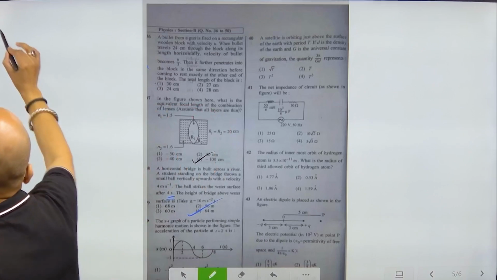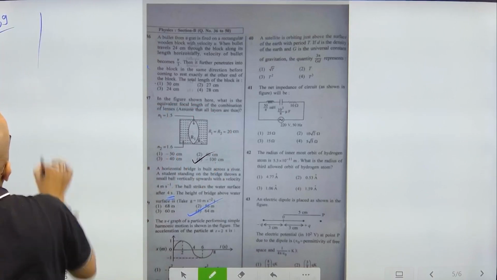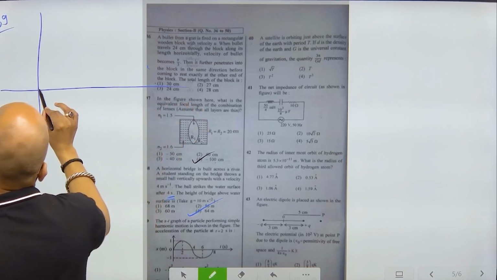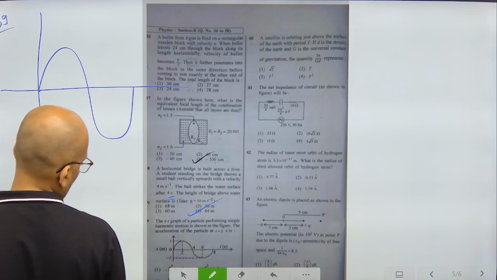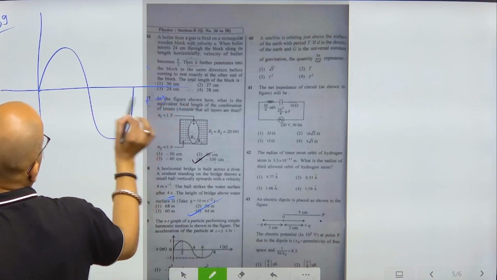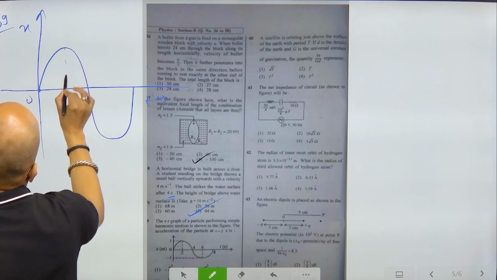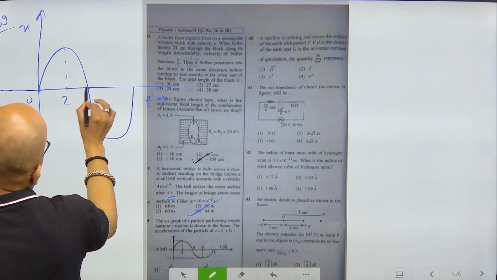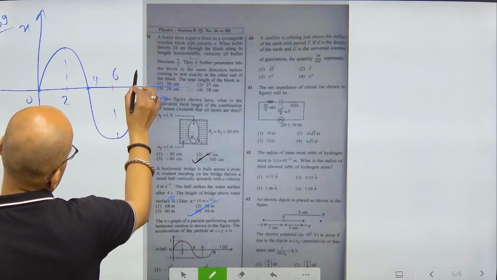It says that the x-t graph of a particle performing SHM is given. This is the x-t graph. Here time is taken, here x is taken. This is 0, 2, 4, 6 seconds, and this is fine.